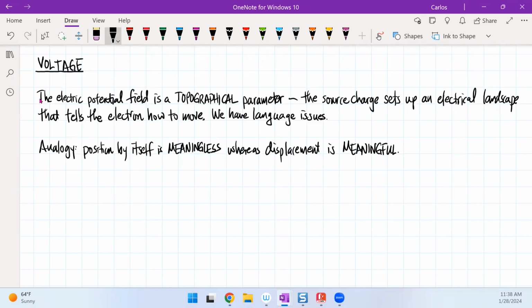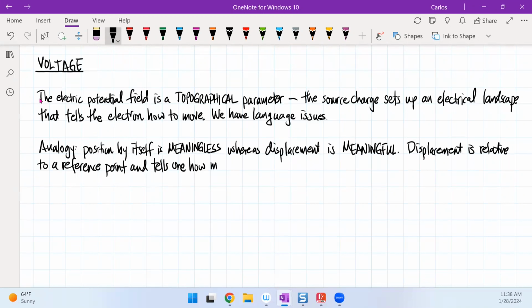Displacement is relative to a reference point and tells you how motion occurs.